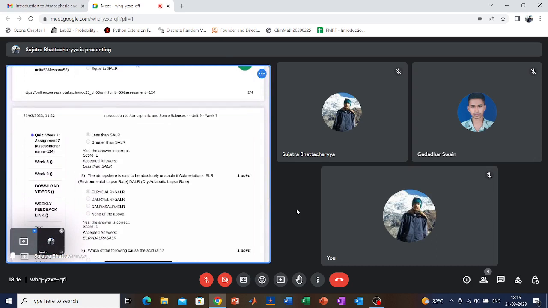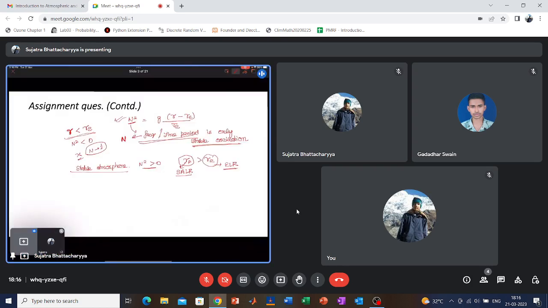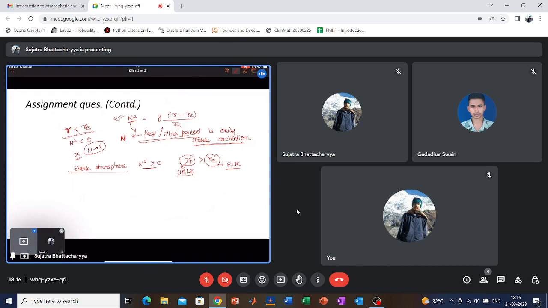Eighth question, the atmosphere is said to be absolutely unstable if ELR is greater than DALR and SALR, where SALR, you know, is the saturated adiabatic lapse rate. Whatever it be, if the environment has a higher lapse rate, then the parcel will always follow the unstable situation. Just look at the Brunt-Väisälä frequency expression.